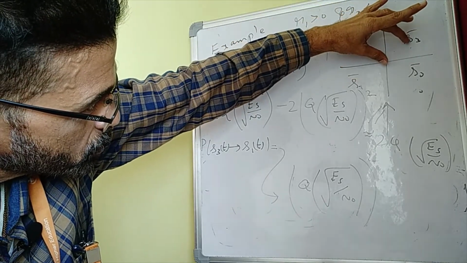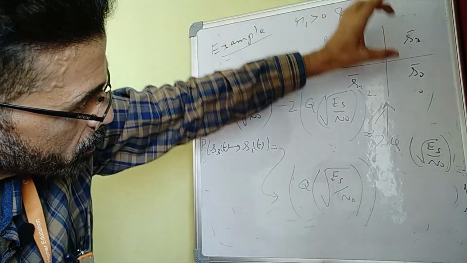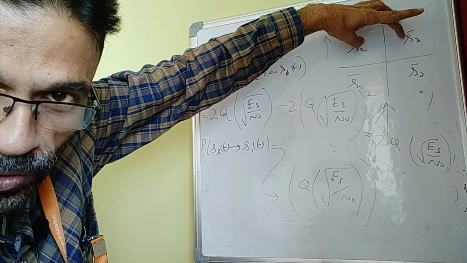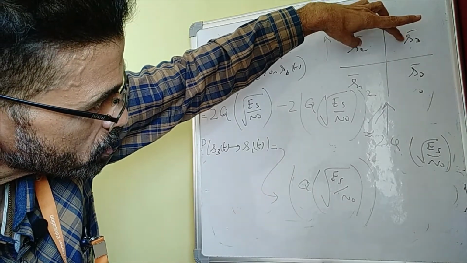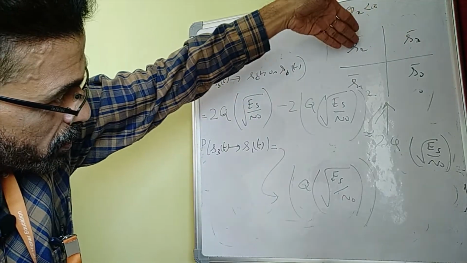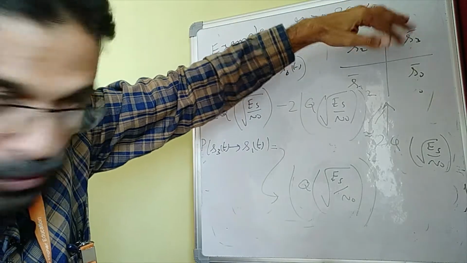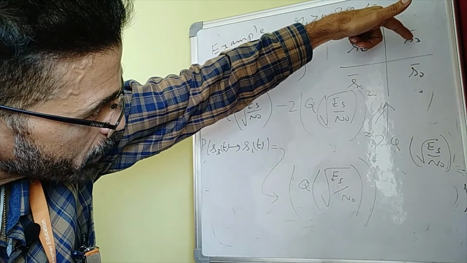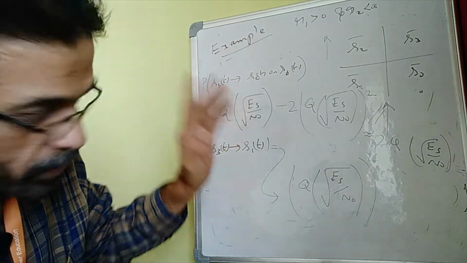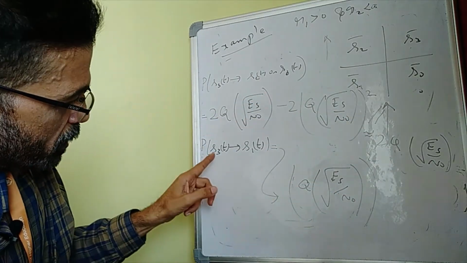Remember, this was root Es, so this is 2 root Es, and this was root 2 Es. So you can see that this distance is definitely much smaller than this. So this symbol being mistaken as either this or this, the chances of that will be more compared to the chance of detecting this as this. So that is the lesson we learned from this analysis.